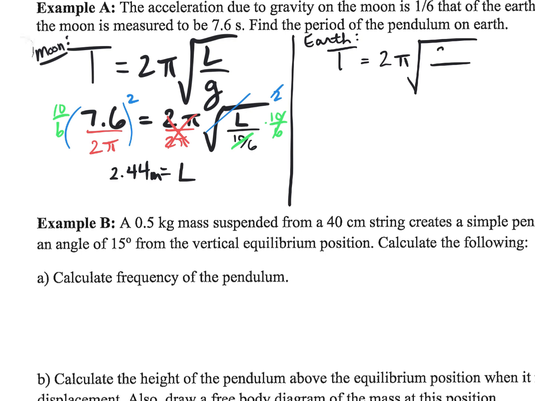So the length is 2.44. We took that from here, and we're going to feed it in over here, and we're going to divide by gravity, which is 10. So what do we find is the period on Earth? And period should be in seconds. Somebody calculate that for me.